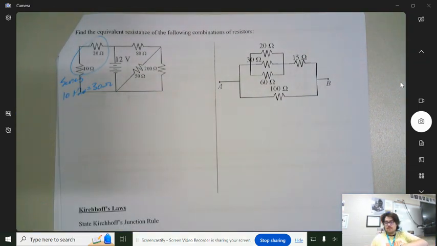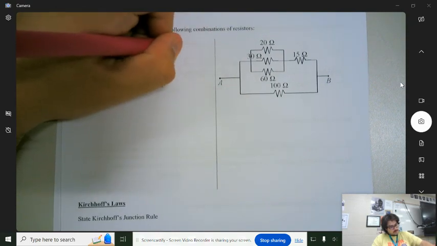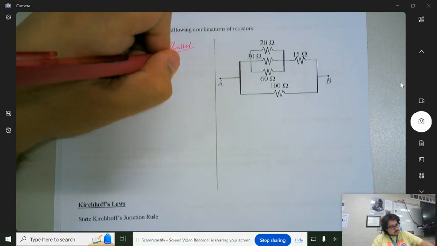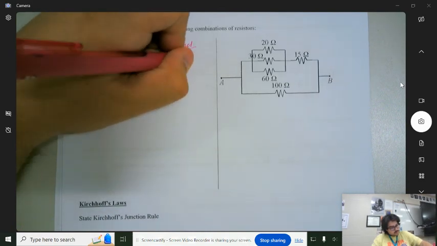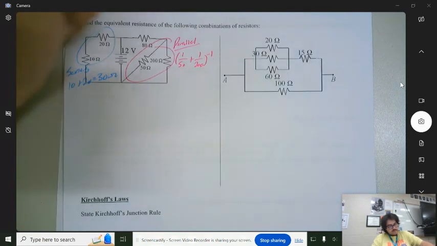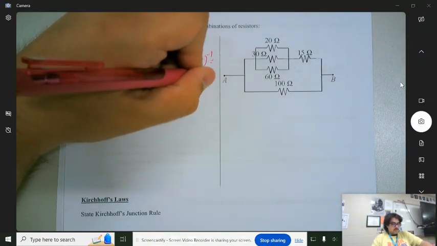Another thing we can do right off the bat is recognize that these two are in parallel with each other, so we get 1 over 50 plus 1 over 200 to the negative first power, and that should give you about 40 ohms.